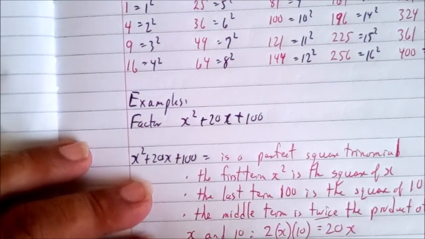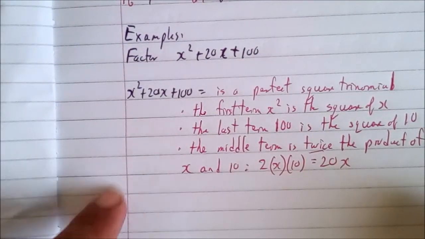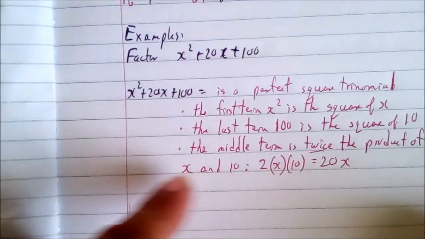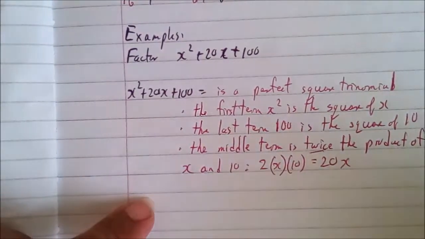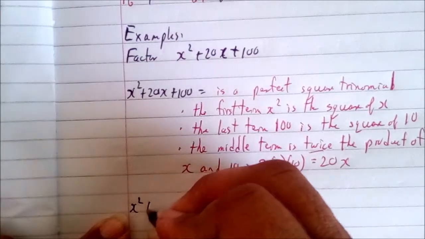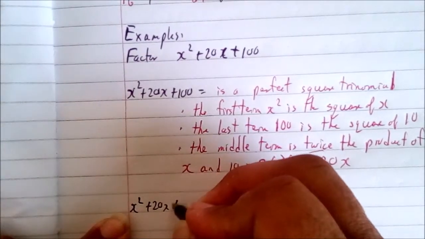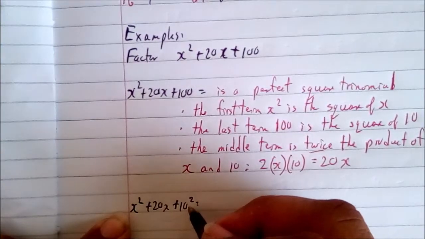To find the factorization now, we need to match to the proper rule for factoring a perfect square trinomial. So let's see. We have our problem, x squared plus 20x plus 10 squared. We have put them in squared form.